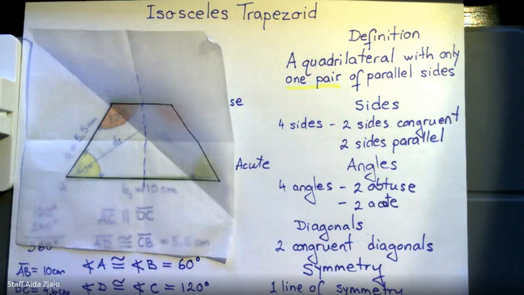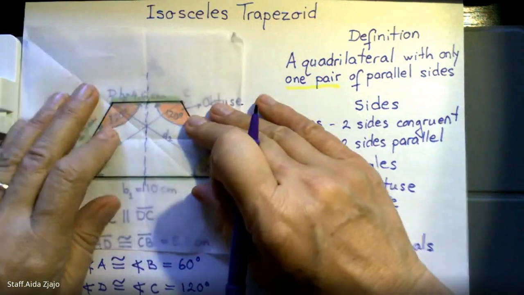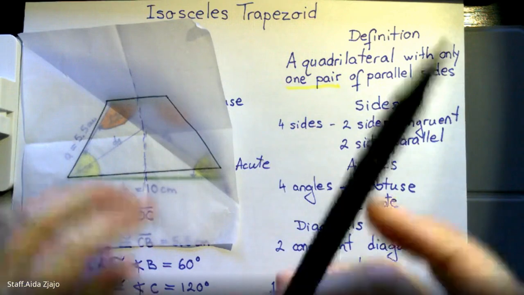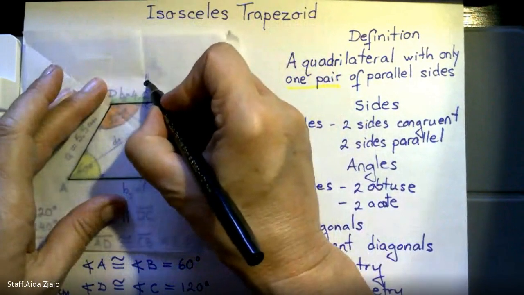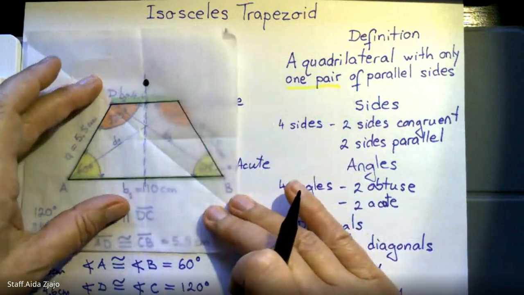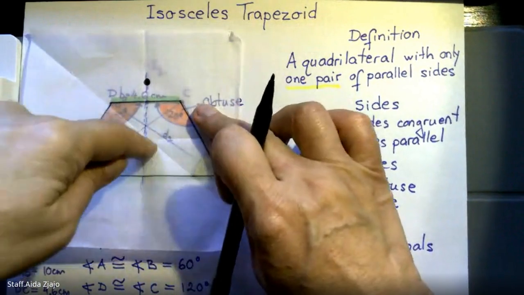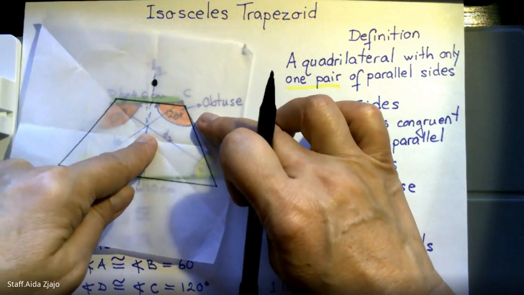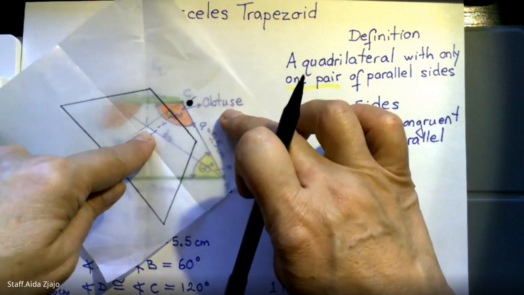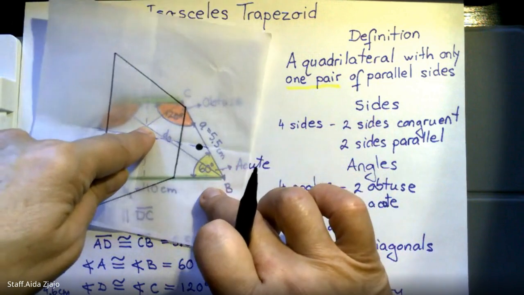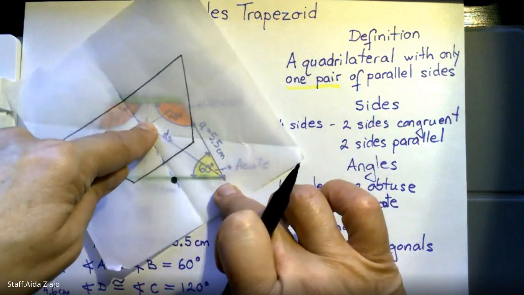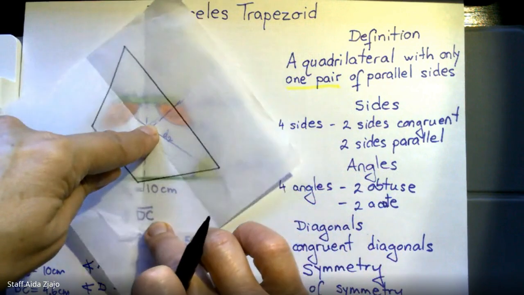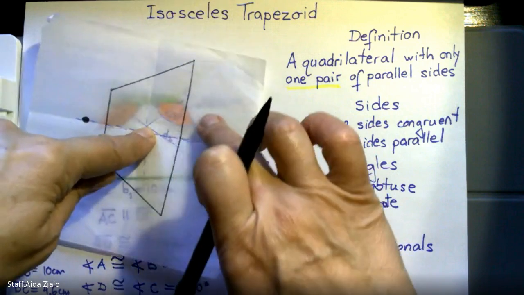Okay, we also can explore rotational symmetry, and we could do it by tracing the trapezoid and then putting that on top above it. If I put my finger in the middle and try to rotate, let's see if it is going to come to the same spot for all rotations. 90 degrees, no. 180, no. 270.